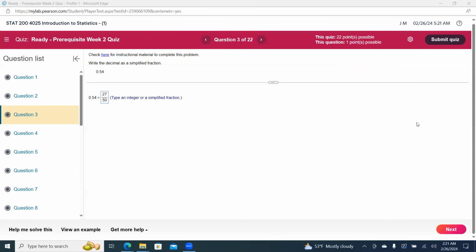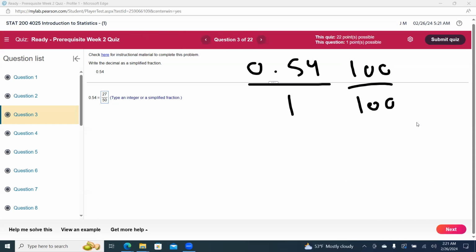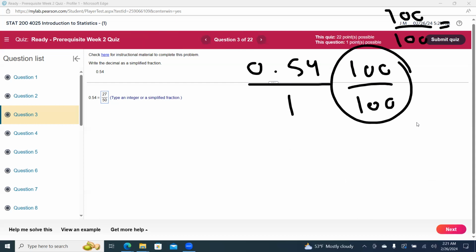But you never have to turn a decimal into a fraction by hand, but can we do that? Of course we can. If we have 0.54, we have that over 1, multiply top and bottom by 100, which you're allowed to do because 100 divided by 100 just equals 1. So we just multiplied it by 1.